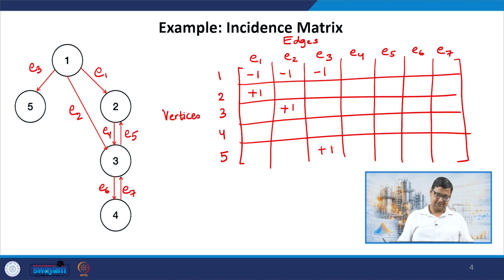E4 is outgoing from 2 and incoming at 3, and E5 is incoming at 2 and outgoing from 3, and E6 similarly is coming from 3 going to 4, and E7 is coming from 4 going to 3.